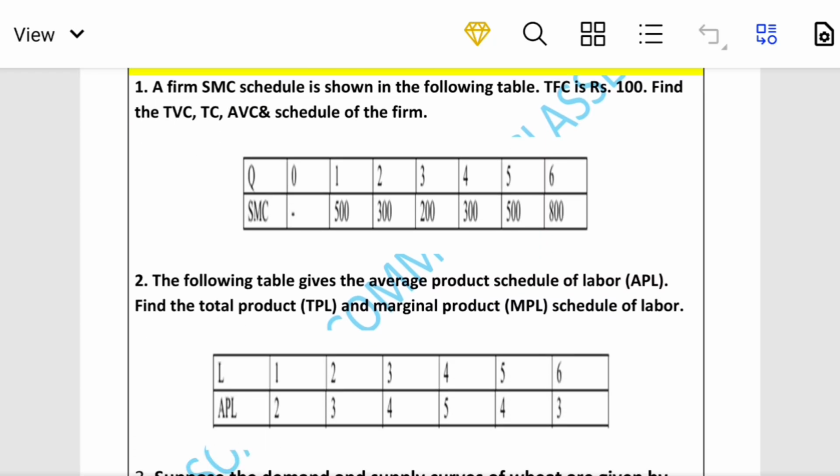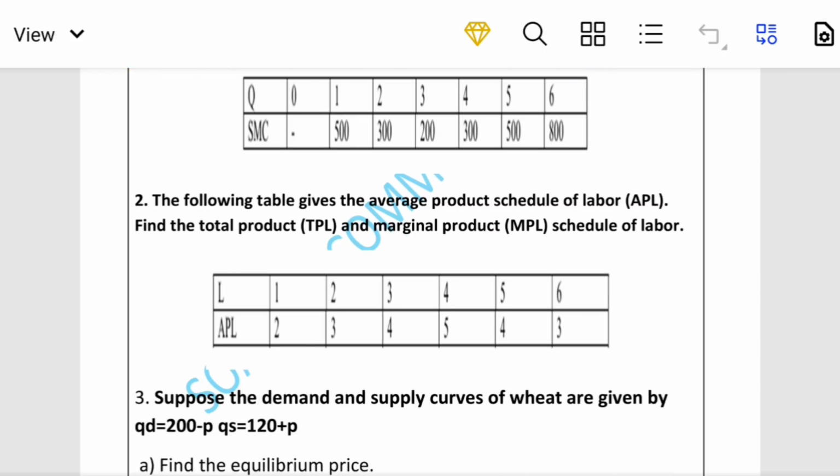The next question, maybe from a problematic point of view, is: the following table gives the average product schedule of a labor, APL. Find out the total product TPL and marginal product MPL schedule of a labor. They are going to give L and APL.